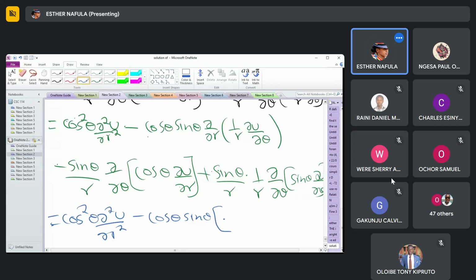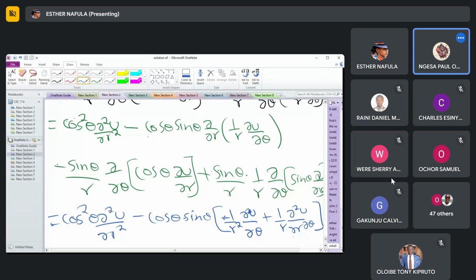What do you get? 1 over r, partial squared u partial r partial theta, minus 1 over r squared partial u partial theta, plus 1 over r partial squared u partial r partial theta, right? Yes.